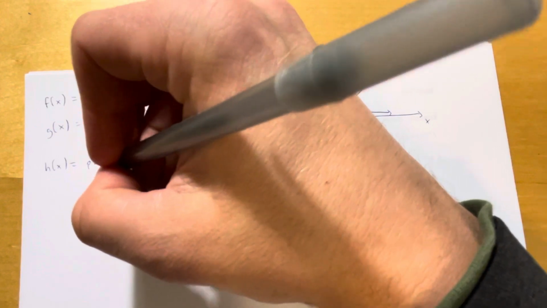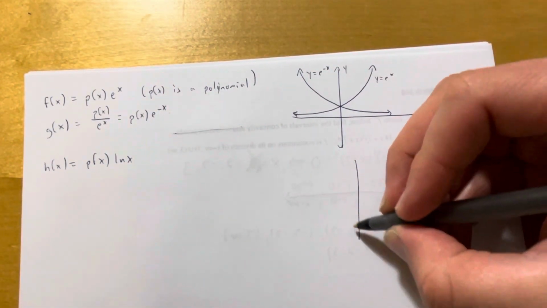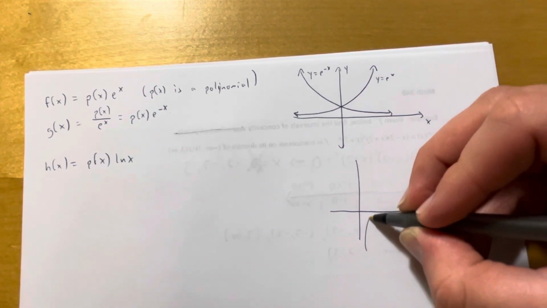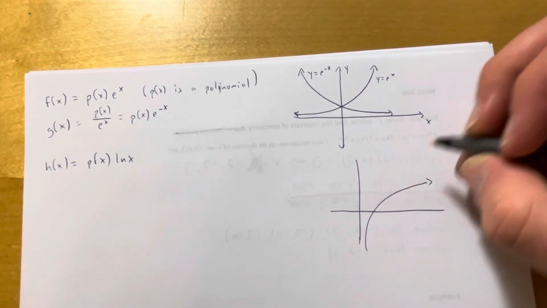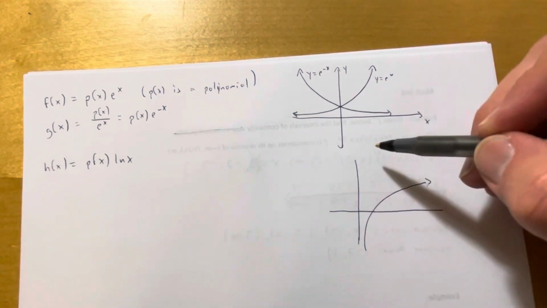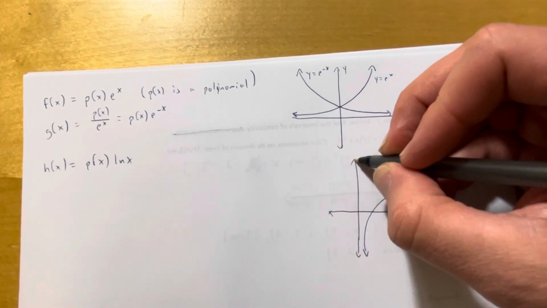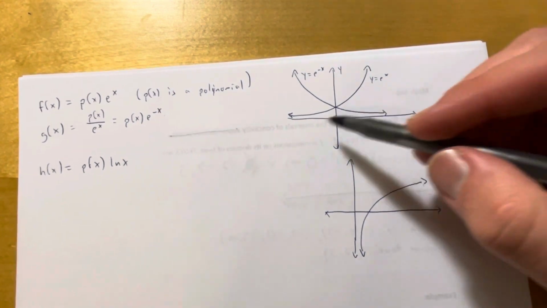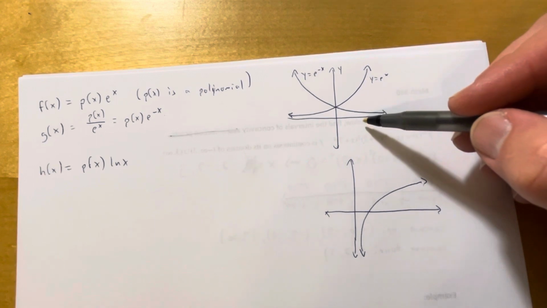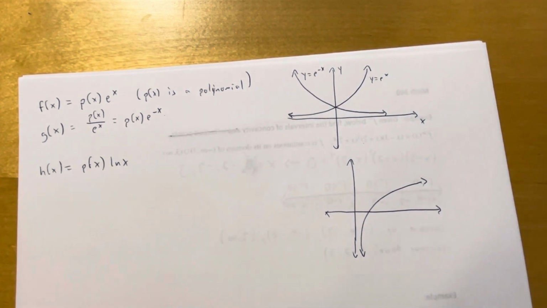What about if we have a function like this, h of x equals some polynomial p of x times the natural log of x? Well, remember the graph of the natural log function looks like this. Remember, it's a reflection of the e to the x function across the line y equals x. So it has similar behavior, but it's reflected. So what happens now is this horizontal asymptote for my e to the x function has become a vertical asymptote for my natural log function.